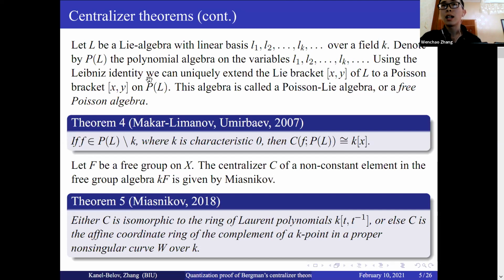We can uniquely extend the Lie bracket to the Poisson bracket, and this algebra is called the free Poisson algebra. In 2007, Makar-Limanov and Umirbaev proved that if k has characteristic 0 and f is a non-scalar element inside this free Poisson algebra, then the centralizer is also isomorphic to the one-dimensional polynomial algebra.